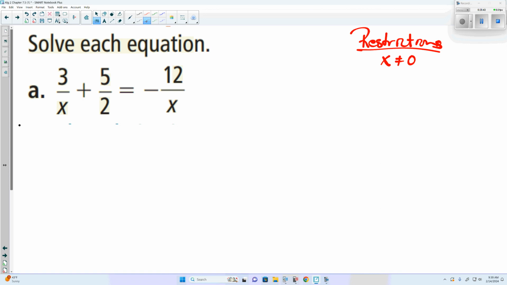Okay, so we have 3 over x plus 5 over 2 equals negative 12 over x. Why do we need to multiply everything by to get the denominators to go away? 2 and x, 2x. Because we need the 2 for our middle rational expression, and we need the x for the other 2.